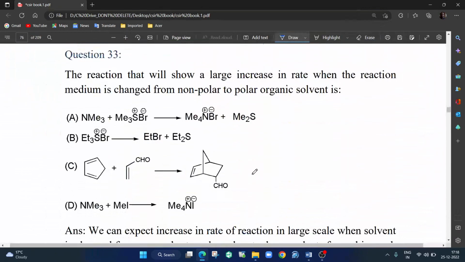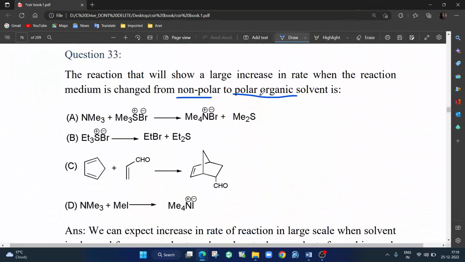Question number 33. The reaction that will show a large increase in rate when the reaction medium is changed from non-polar to polar organic solvent. So it is saying you are changing from non-polar to polar, which will show the maximum increase in rate of reaction. So what happens?